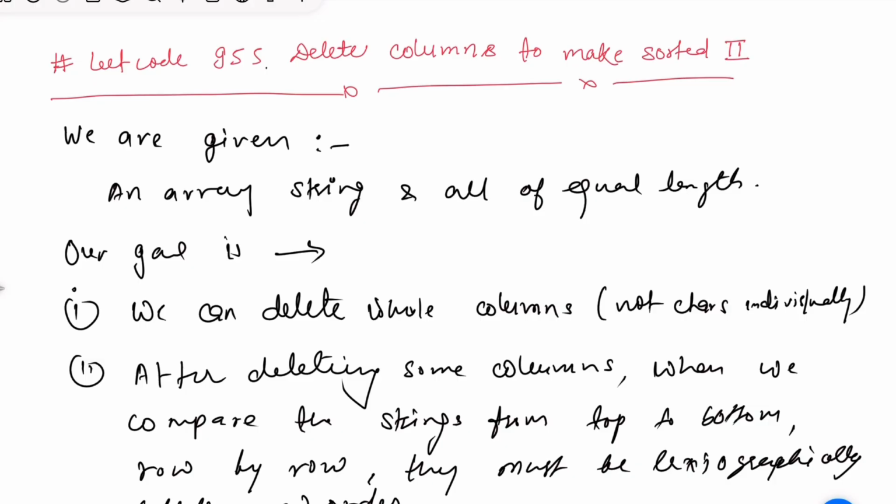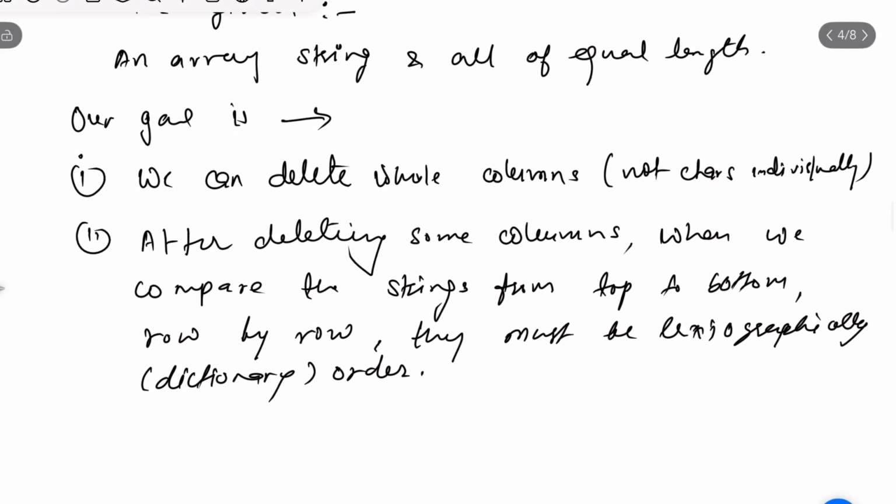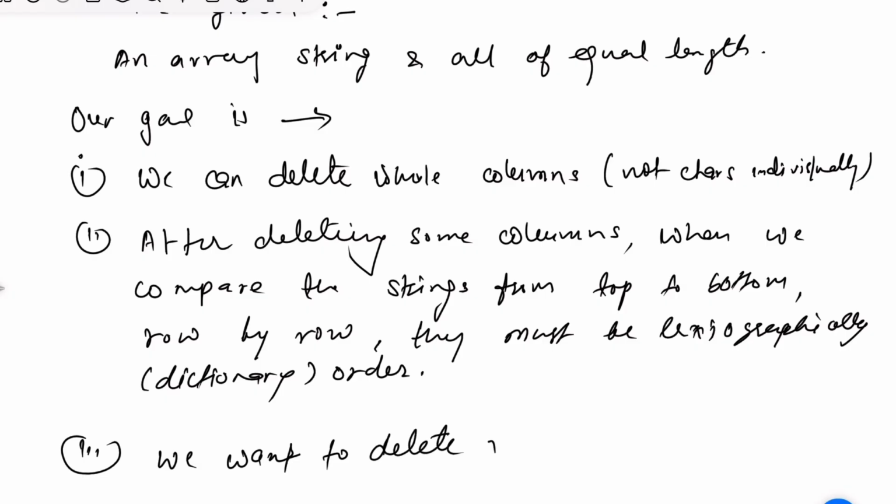Okay, so we want to delete as few columns as possible, right? So in short we can say we want the list of strings to be sorted from top to bottom.